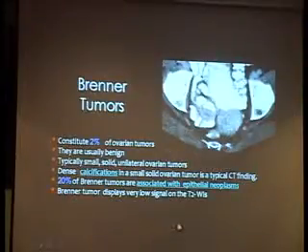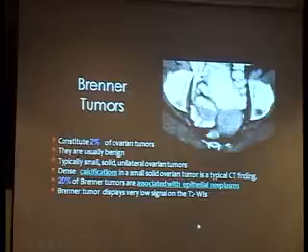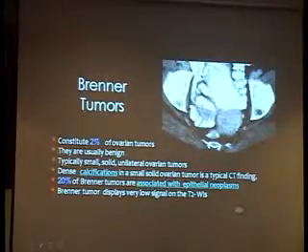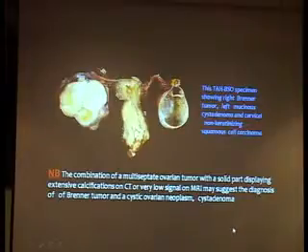Then the Brenner tumor is a relatively rare tumor, and the diagnosis is based on the detection of calcium within this lesion, which is frequently solid. And knowing that MRI is less sensitive for calcium detection, the diagnosis by CT is good. And here you can see a solid lesion with a few calcific foci inside the lesion.